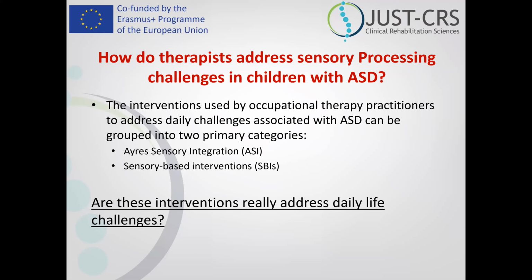Basically, the interventions are grouped into 2 primary categories, which are Ayres sensory integration, or ASI, and sensory-based interventions, the SBIs. As evidence-based practitioners, we should ask ourselves, are these interventions really effective, and do they really address daily life challenges?